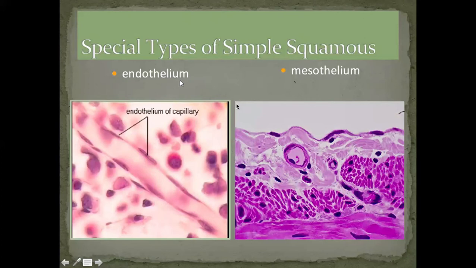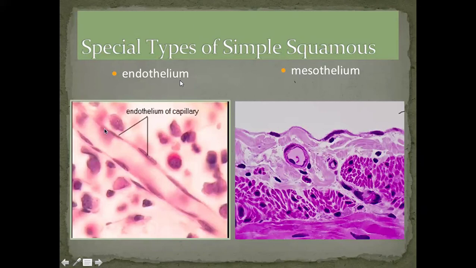Okay? Then this is also a simple squamous, and they are called mesothelium if they cover the serosal surfaces or the mesenteric surfaces. Okay? But again, these are only special names of simple squamous if they are found in the blood vessels and if they are found in the mesentery or in the serosal surfaces.